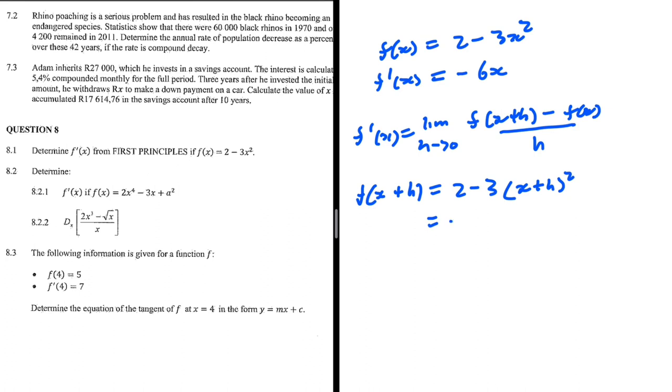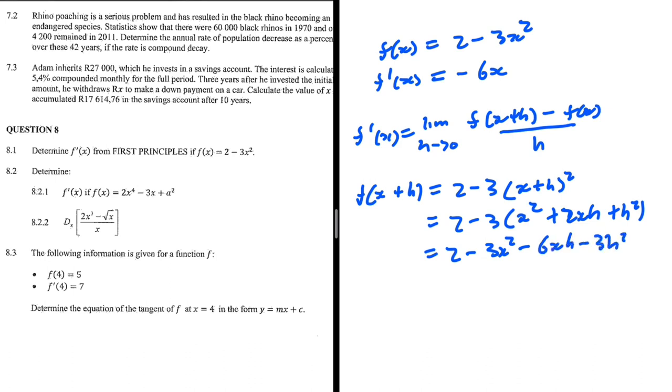So this is going to be equals to 2 minus 3, and then x squared plus 2xh plus h squared. So this is 2 minus 3x squared minus 6xh minus 3h squared. Okay, so we have f of x plus h.